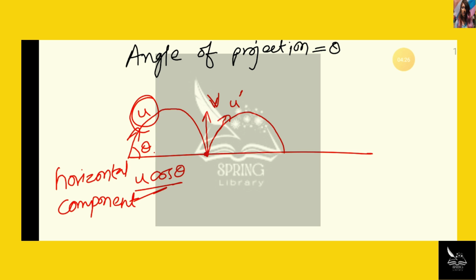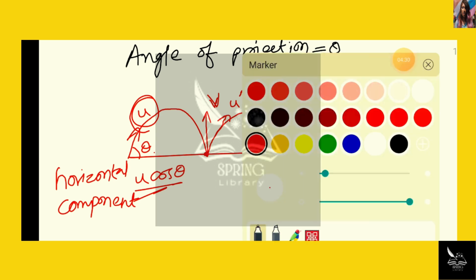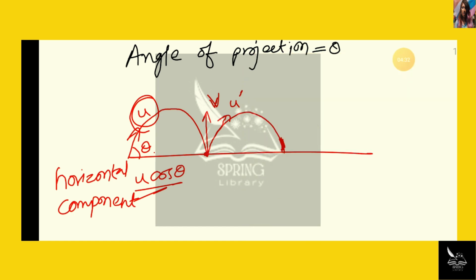The distance from the starting point to the first collision is x1, and from the first collision to the second collision is x2.